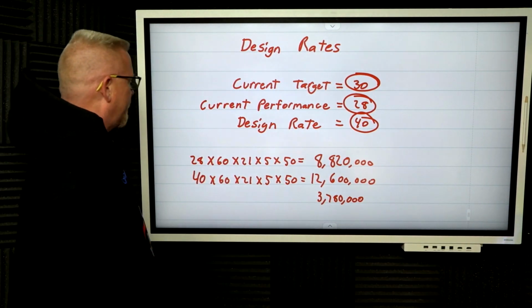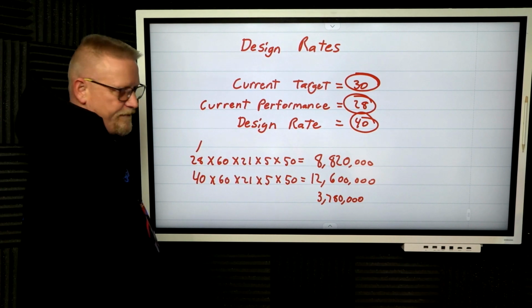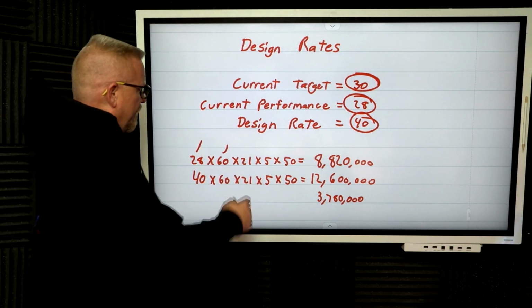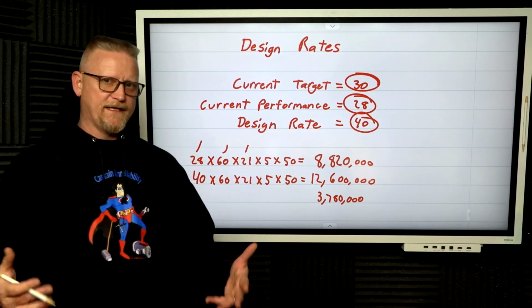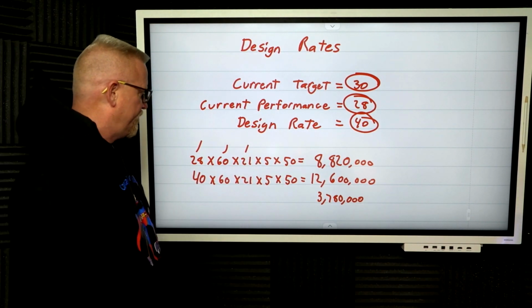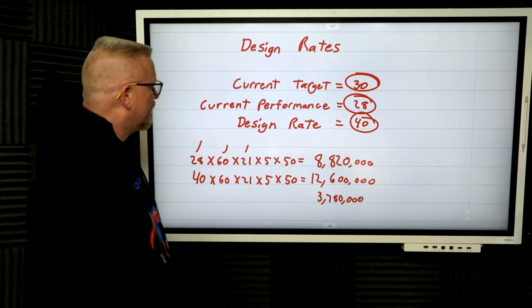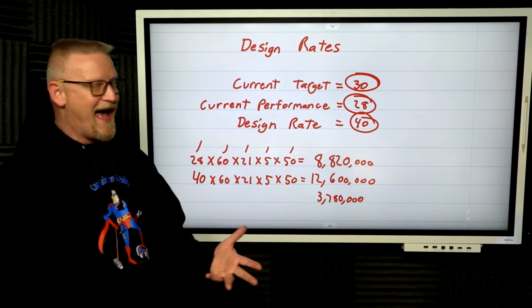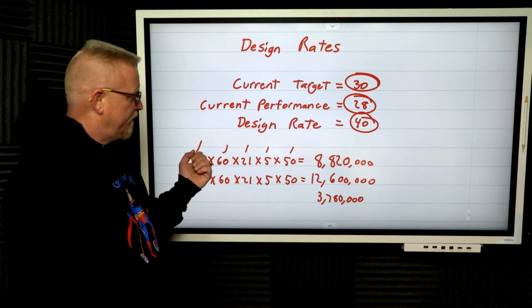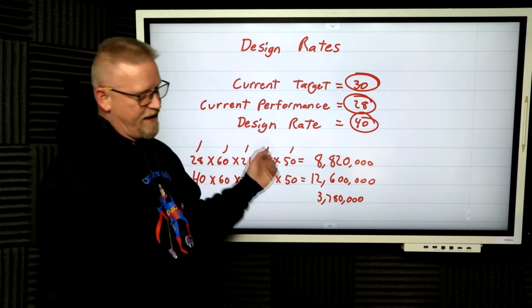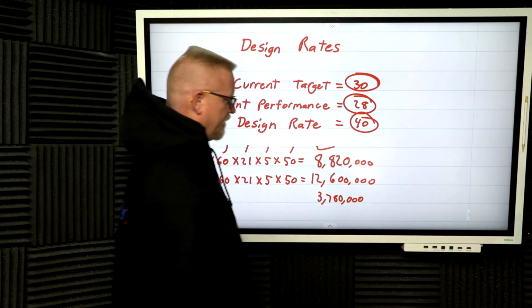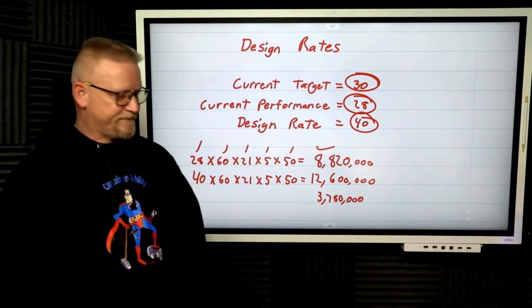If we look at 28 units a minute at 60 minutes an hour, we'll say 21 hours a day, 3 shifts of 7, subtracting breaks and all that stuff, 5 days a week, and 50 weeks a year, we make 8.8 million units.